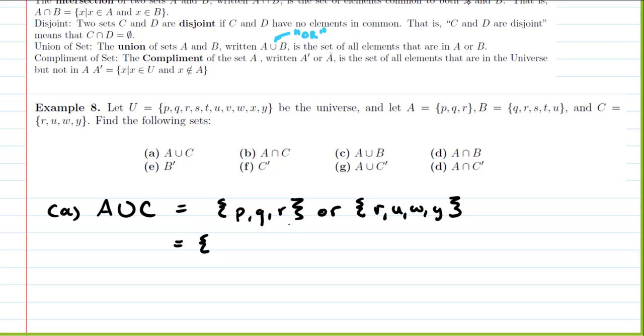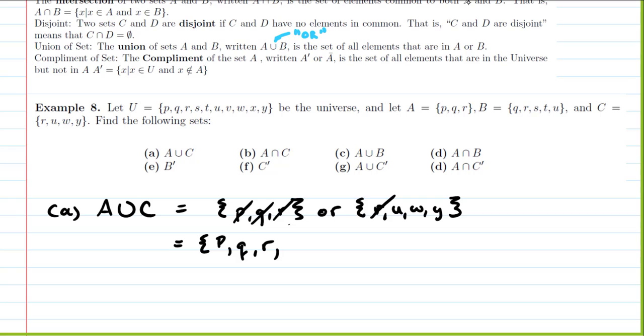When simplifying a set, remember, we list each element only one time. So there's a P in our first set and no P's in our second set, so we add a P. There's a Q in our first set, no Q's in our second set, so we add a Q. There's an R in our first set and an R in our second set, so we only add one R. Then, since it's an OR, we've done everything in our first set.